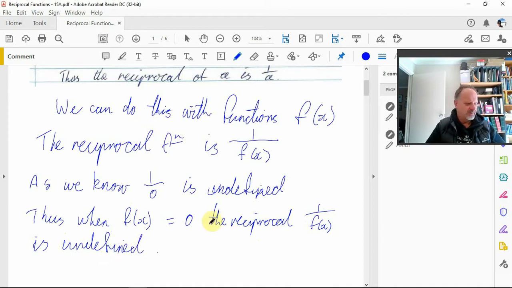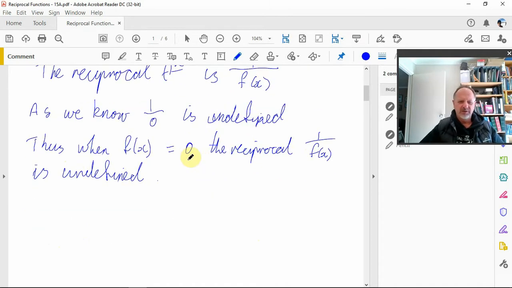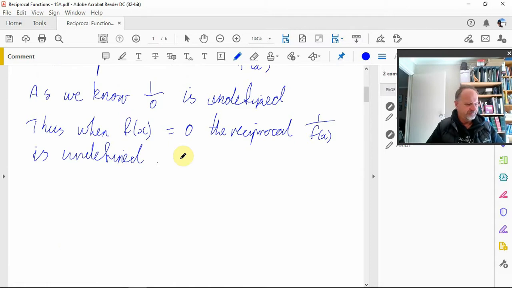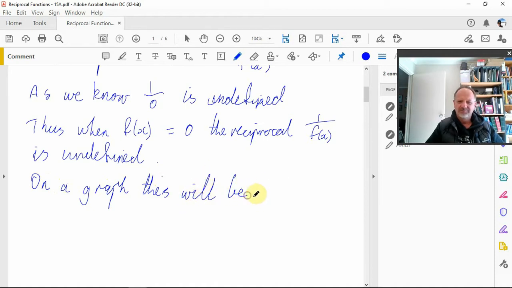All right, and so what does that mean? Well, in terms of our graph, this will be represented as an asymptote.